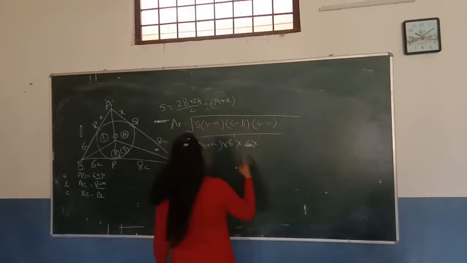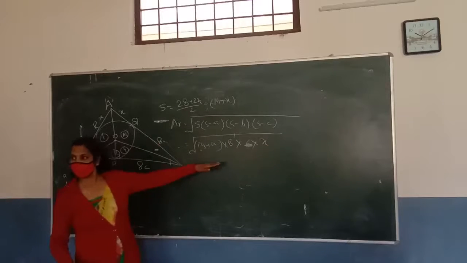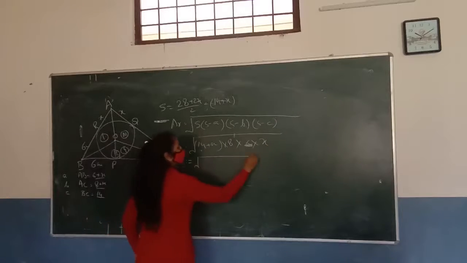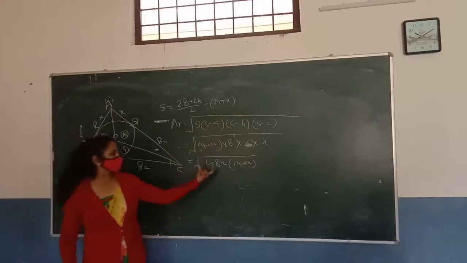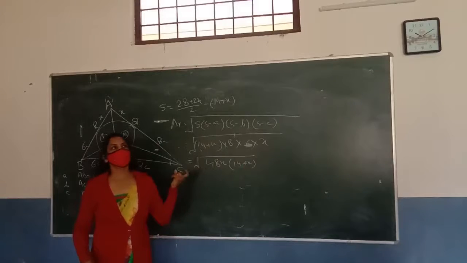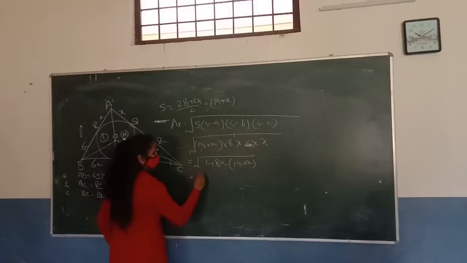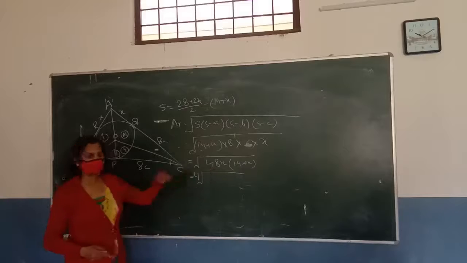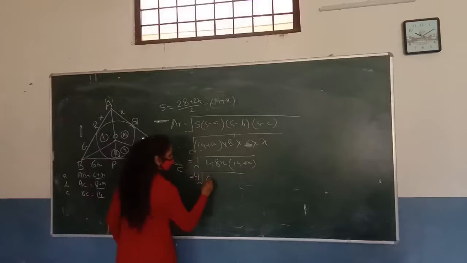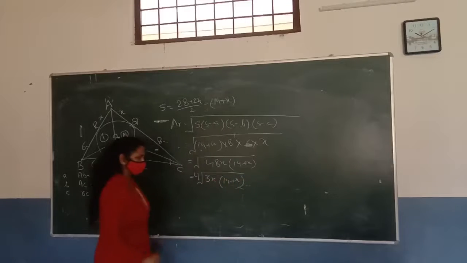And minus C will be X. So it is under root 48x into the bracket 14 plus x. We can factorize 48 like 2 into 2 into something. So 4 will come out from the root. 4 4s are 16, 16 3s are 48. So 4 will come out. It will be 4 root 3x into 14 plus x.